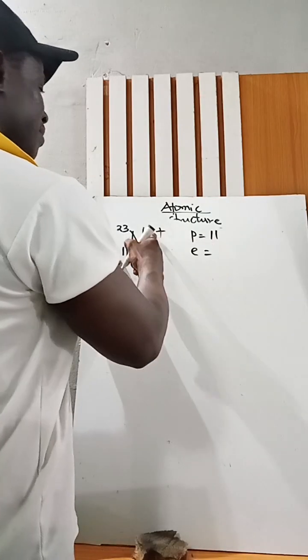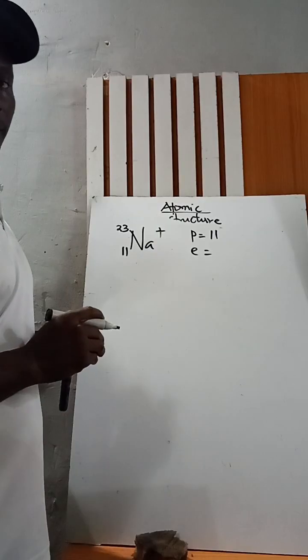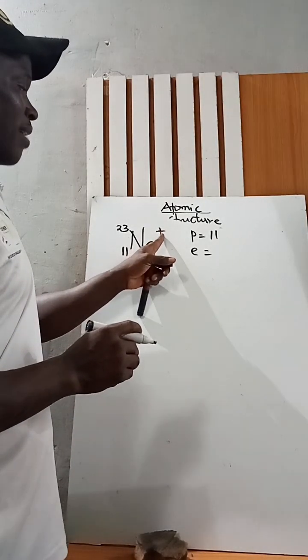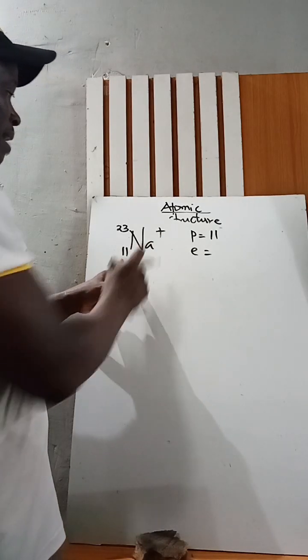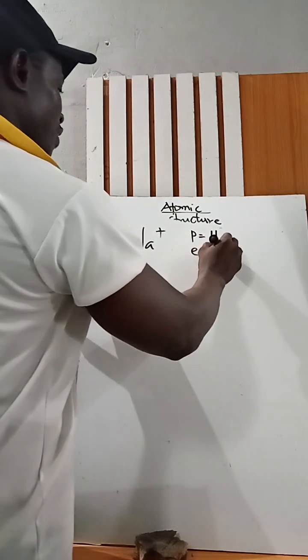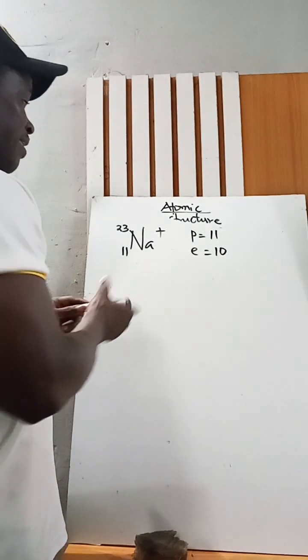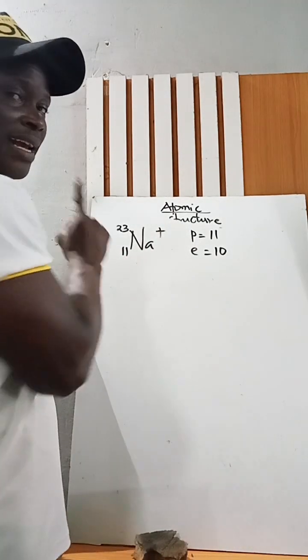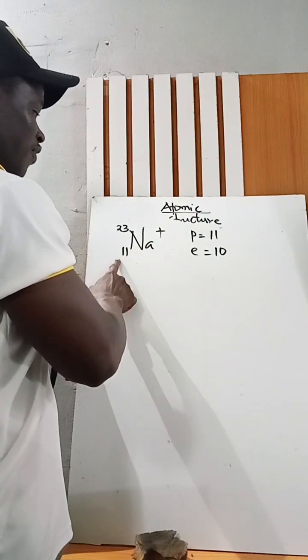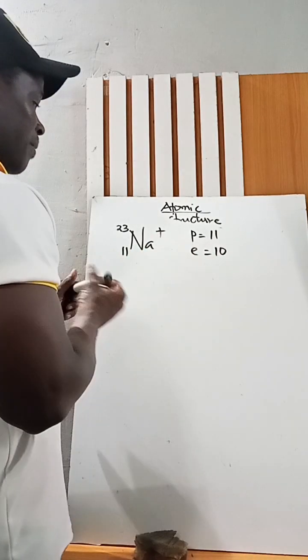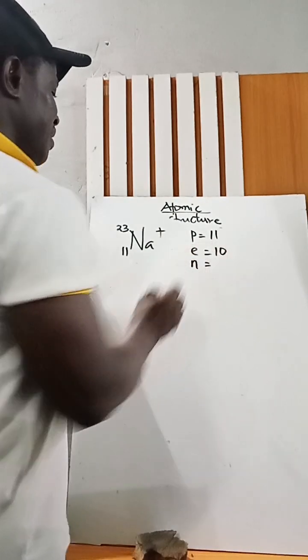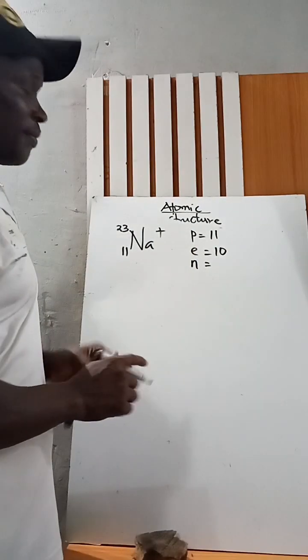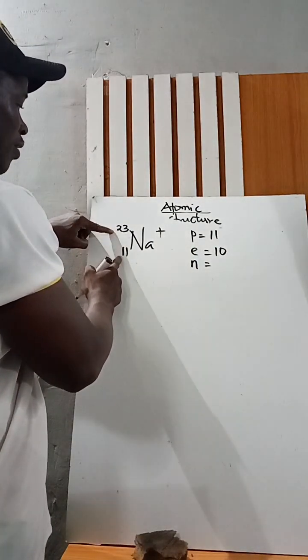But this atom is losing one electron. Subtract that 1 from 11. That means 1 from 11 will give you 10. So it means this element has lost one electron. No problem. Let's move on. What is now the neutron number? 23 minus 11.